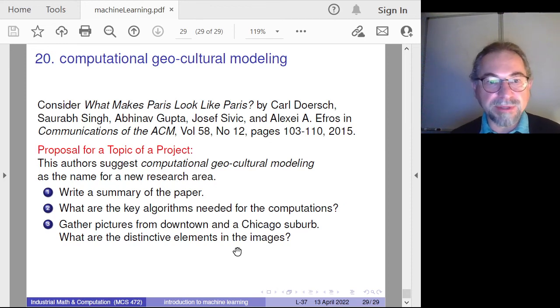Take pictures, or actually gather pictures. Google Street View will help you from downtown Chicago and the suburbs. And you may also perhaps contrast. UIC has the brutalism architecture. So there is also the feature selection from images. We discussed this already. I used our office building to extract the edges. If you look at a picture, you see pixels.